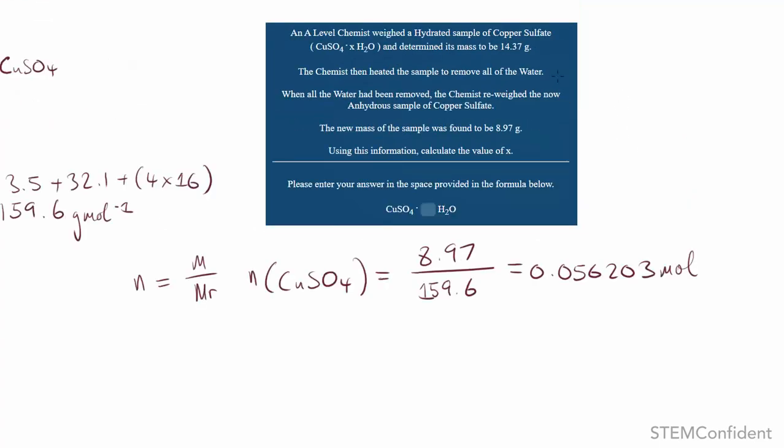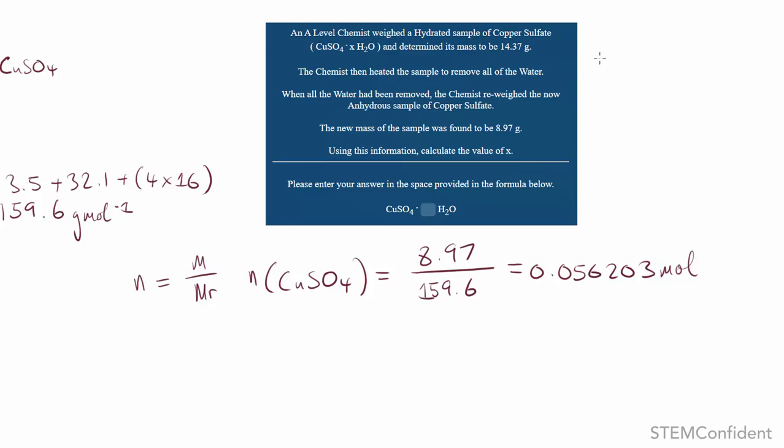Now for H2O, we have 2 masses here, right? This is the hydrated, this is the anhydrous, and these are both for the copper sulfate. What we can deduce is that if we subtract 8.97 from 14.37, what's remaining is going to be the mass of the H2O, right?